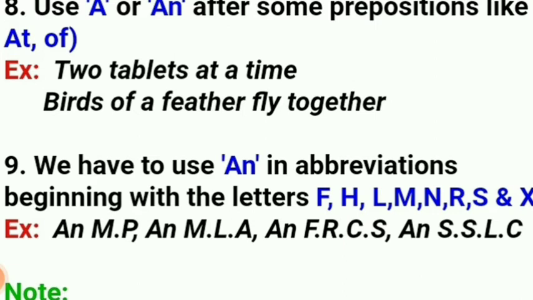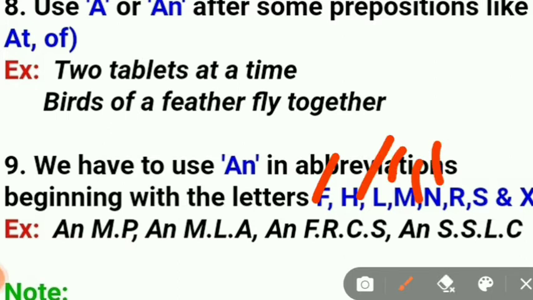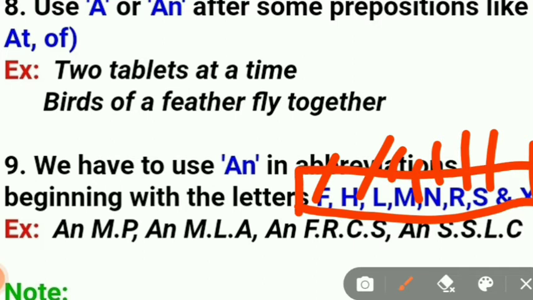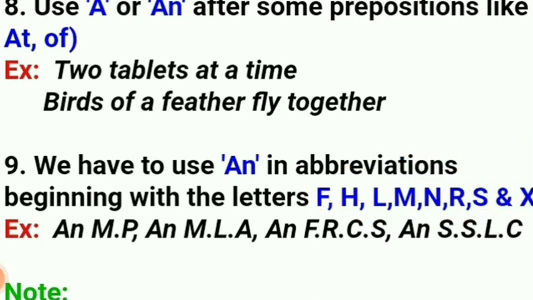We have to use an in abbreviations beginning with letters whose pronunciations are F, H, L, M, N, R, S, X. These letters are pronounced with a vowel sound.